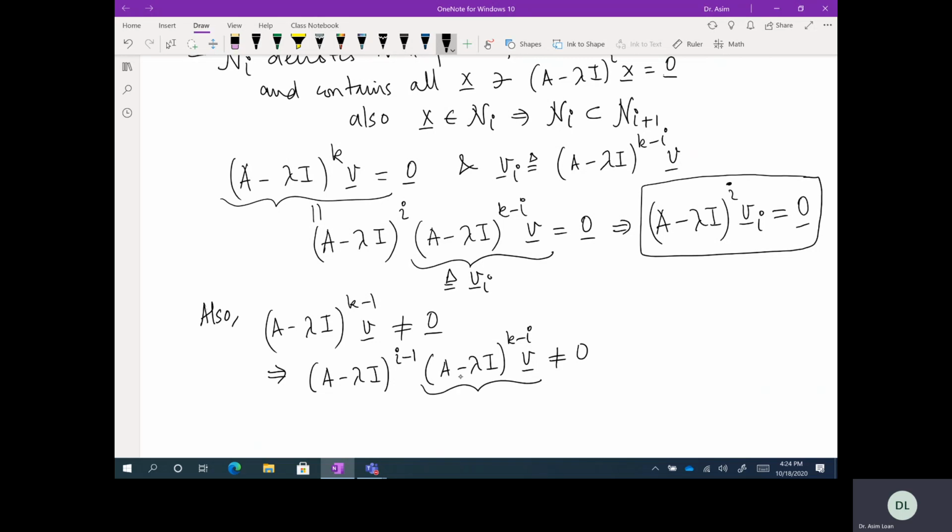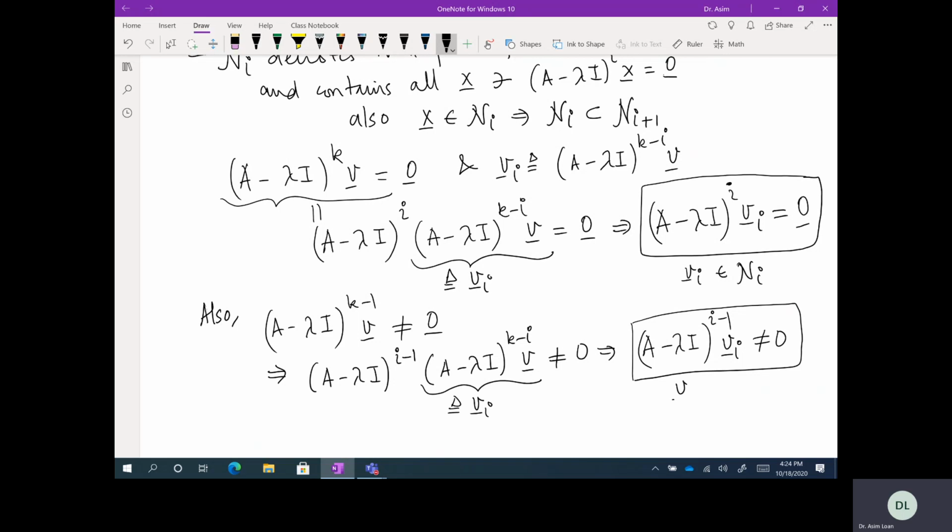And what is this thing? This by definition again is vi. So this implies A minus lambda I raised to the power i minus 1 into vi is not equal to 0. So vi belongs to the null space of Ni, but vi does not belong to the null space of N i minus 1.